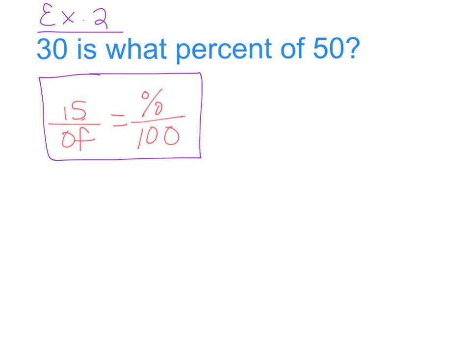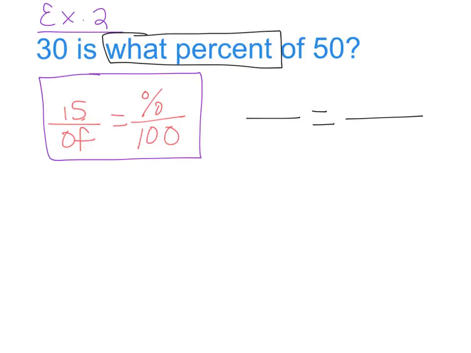So the first thing I'm going to do is set it up just like I would in my previous proportions. I know it's asking me for a percent, so what percent? So I know that my percent, which would go here, is what I don't know, so I'm going to use that as my variable, x. And I know that since I'm finding a percent, my denominator is automatically 100 because percent means out of 100.